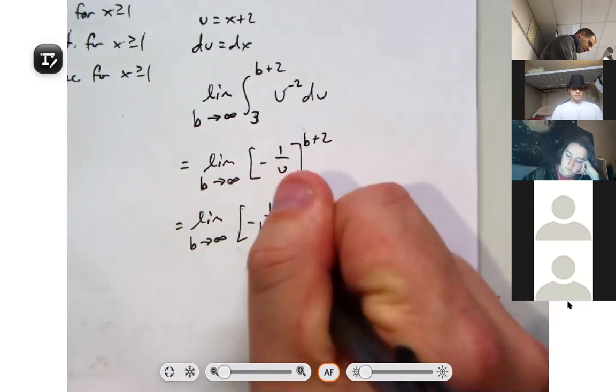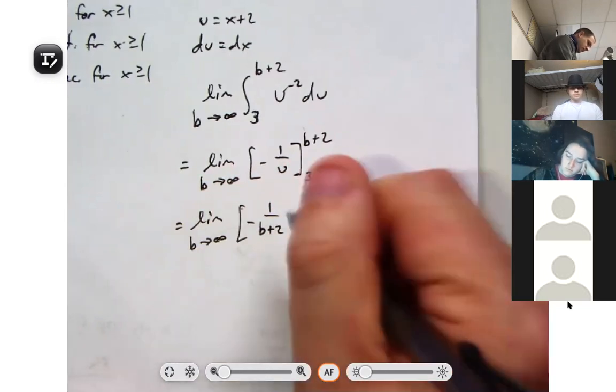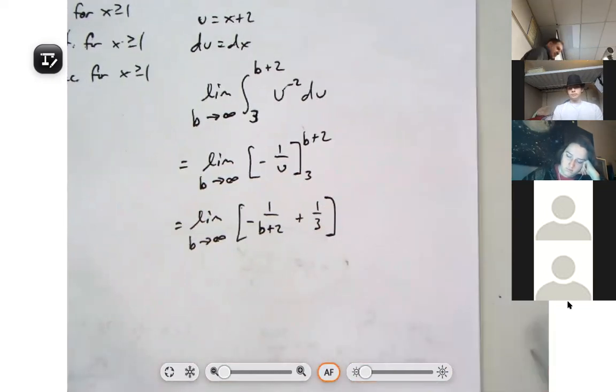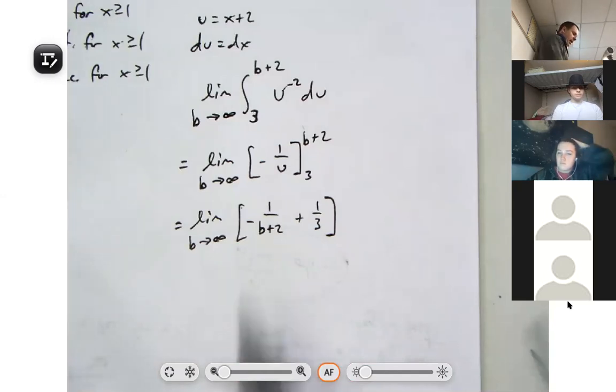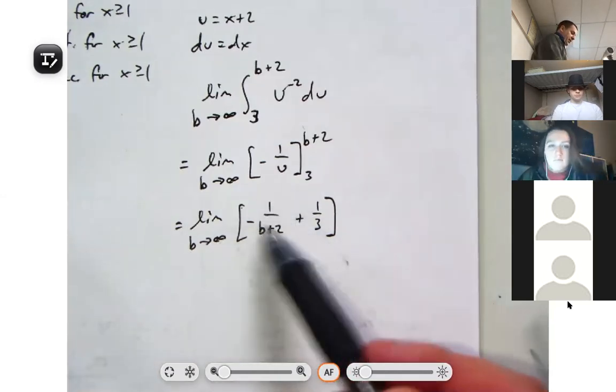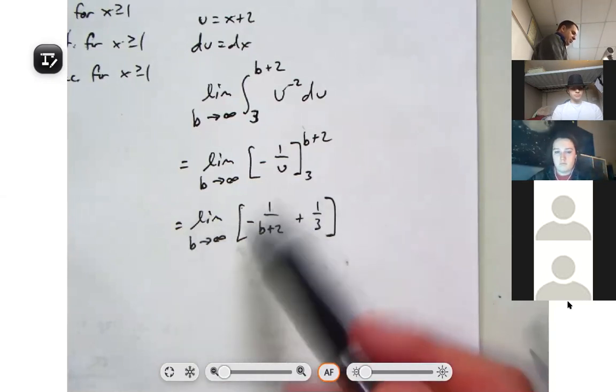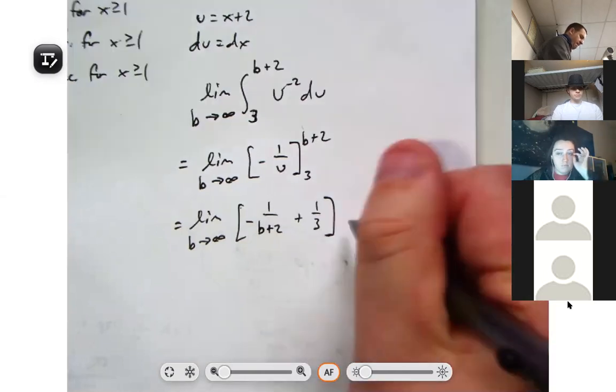Plug in b plus 2, minus negative 1/3. Now I plug in infinity here, and I'm going to have 1 over infinity. So that's 0. So this whole limit would just be 1/3. That first term would 0 out. We'd get 1/3.